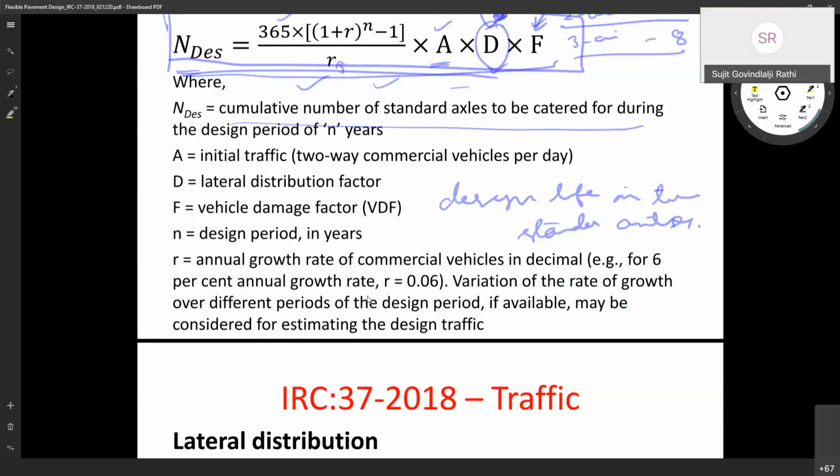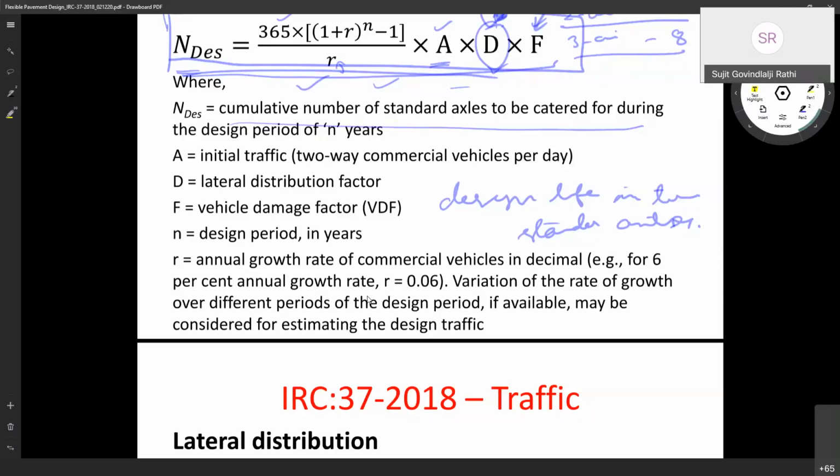Hello, yes, I can hear you. My question is regarding the subgrade. Below 500, we have to calculate the effective CBR. Yes, that's true. Suppose my 500 subgrade is like 20 CBR, and below that my CBR is 2%.